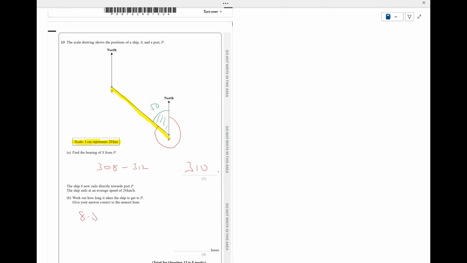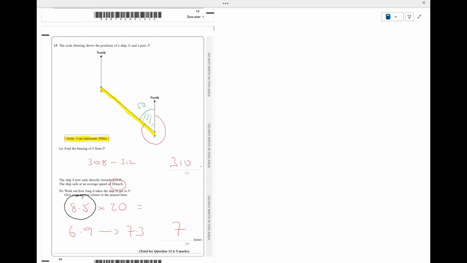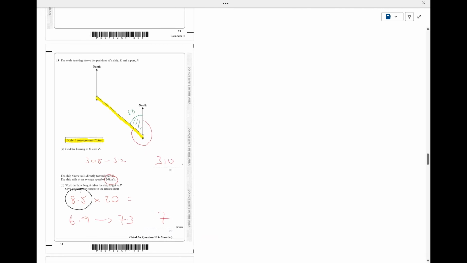So, with any luck, you've got 8.5, and you times that by 20 to work out how many kilometers the whole journey is. And then you divide that by the speed, 24 kilometers per hour. So the answer should have been 7. But they accept anything from 6.9 to 7.3 in case your measurement of 8.5 was slightly out. And that is the marks to question 13.